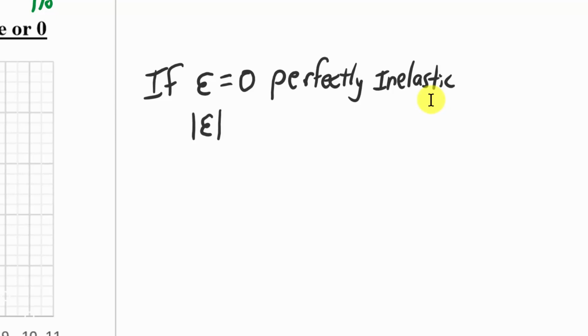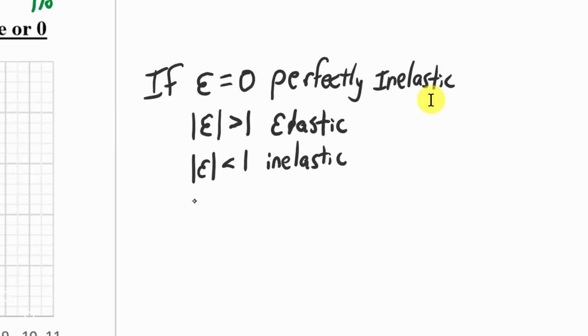Does it respond a lot? We're not talking about which direction does it move, positive or negative. So if the absolute value of an elasticity is bigger than 1, we call it elastic. And similarly, if the absolute value is less than 1, we call it inelastic.